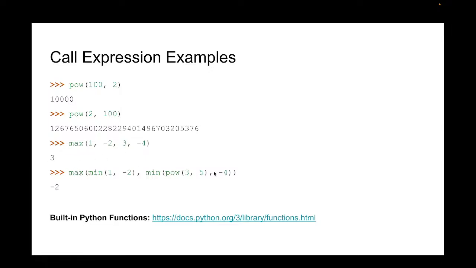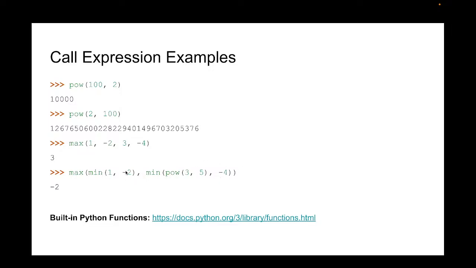This is a little bit more complicated expression here, but we could try to evaluate it ourselves. Python evaluates expressions from left to right. So you start with max, so it's going to take the max of a bunch of inputs.